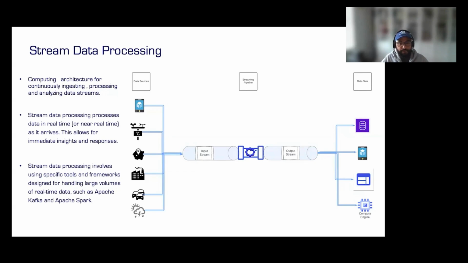And obviously, at least for practitioners, stream data processing involves a lot of complexity, a lot of tooling, a lot of frameworks, and two of them we are going to talk about today are Apache Kafka and Apache Spark. We will talk about these two frameworks in a complementary way: how we can combine them to get the best of the two worlds.